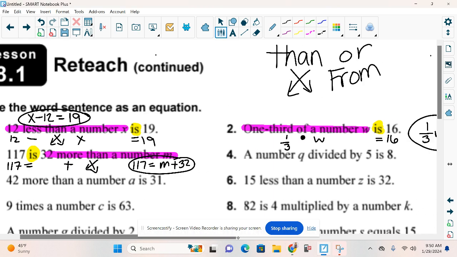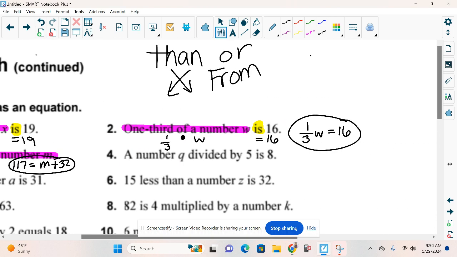Alright, number 4. A number q divided by 5 is 8. Our equal word. And then the problem. Another q divided by 5.